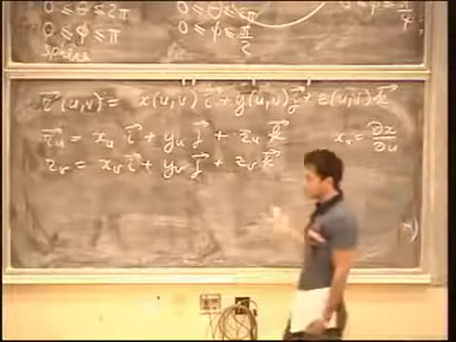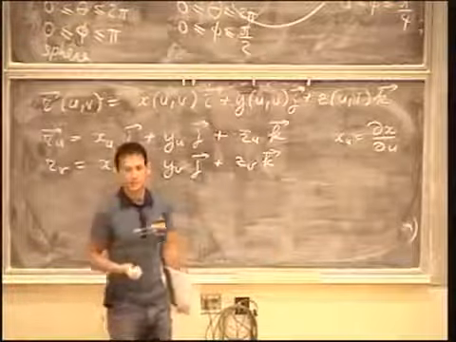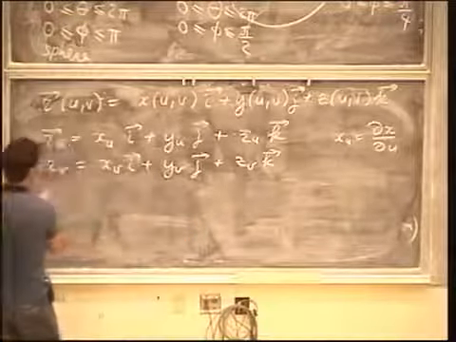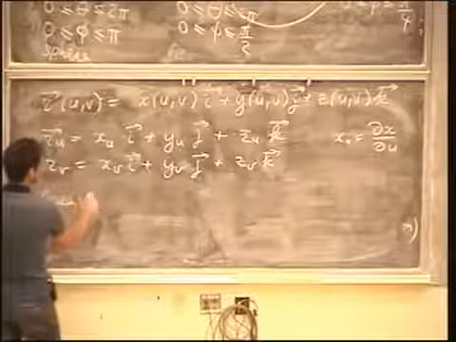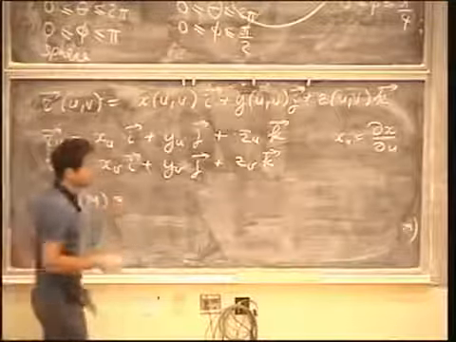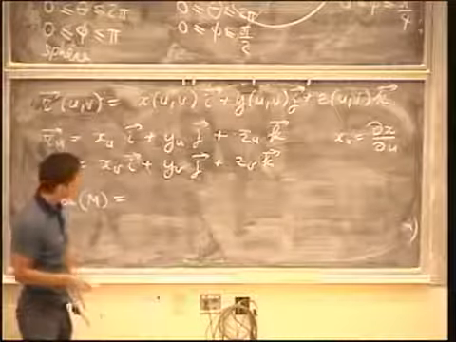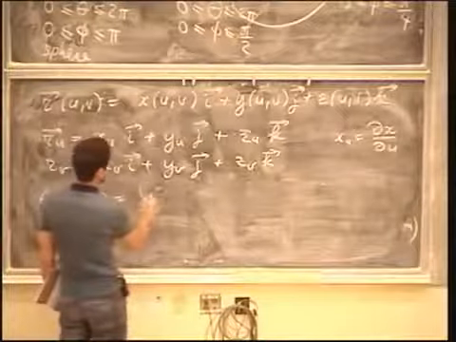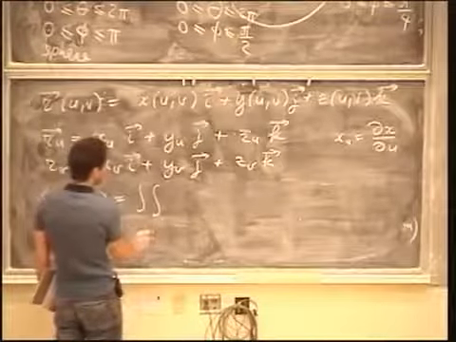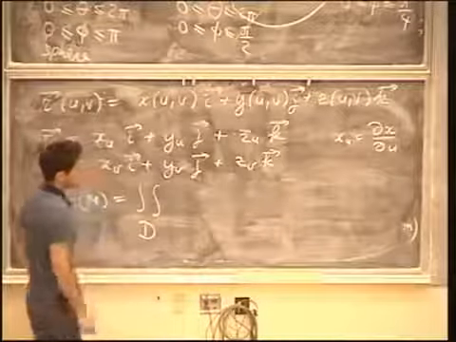Then we get the surface area. So this way we find that the area of this two-dimensional surface is a double integral, but now it's a double integral over D.